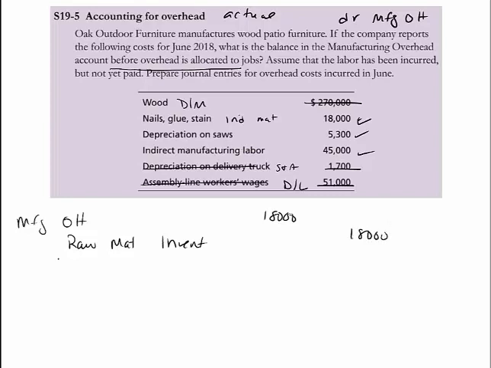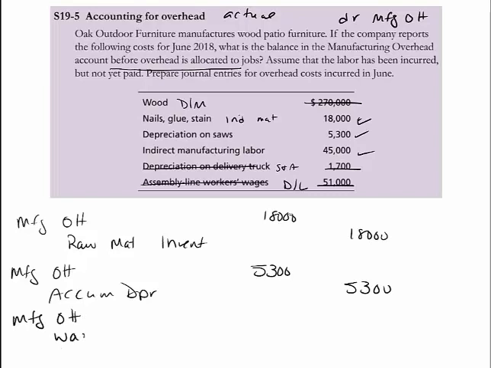Then depreciation on the saws, I'm going to debit manufacturing overhead for $5,300, and the credit would be accumulated depreciation, $5,300. And then for the indirect labor, debit manufacturing overhead and credit wages payable for $45,000.